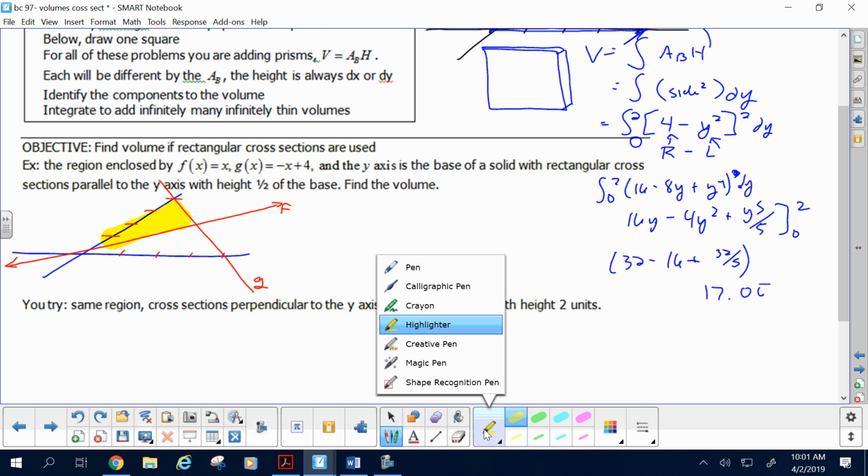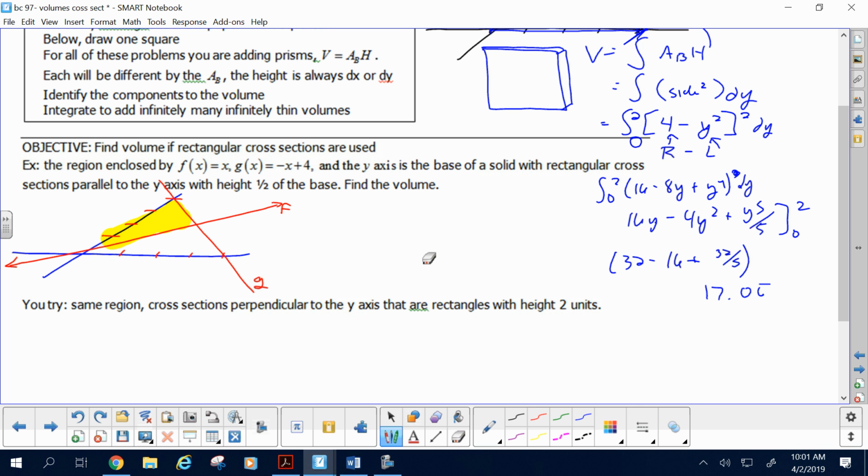All right, now let's talk about the cross sections. There's two things to the cross section. Do they run parallel to the x or the y-axis, and what's the shape of those cross sections? In this case, they say parallel to the y-axis, so my slices will run parallel like that. And it says they're rectangular cross sections with height half the base.